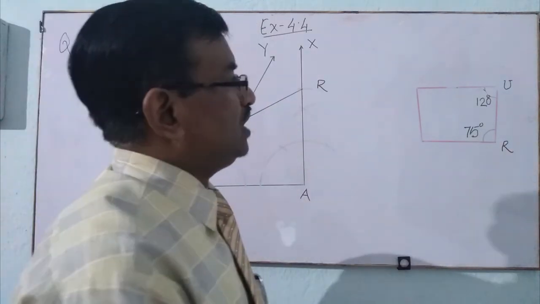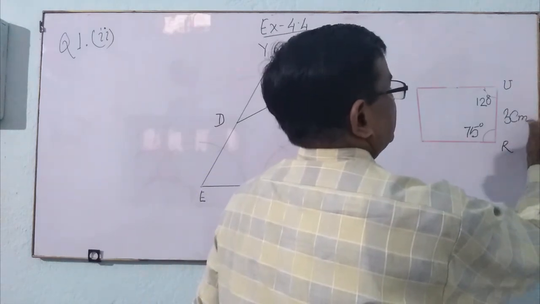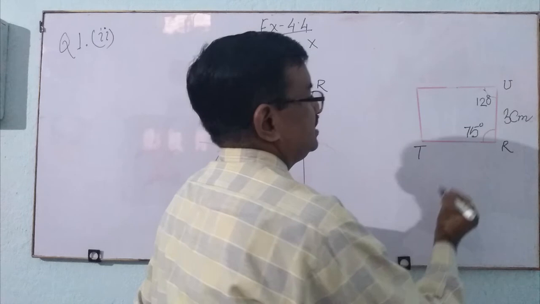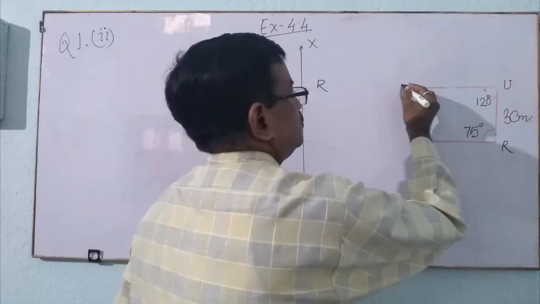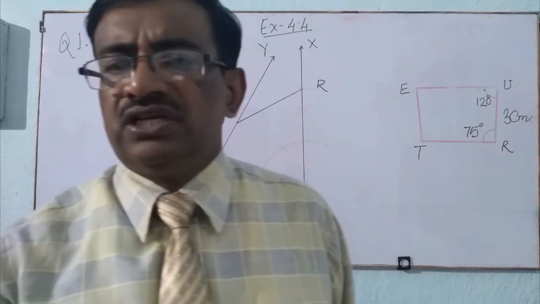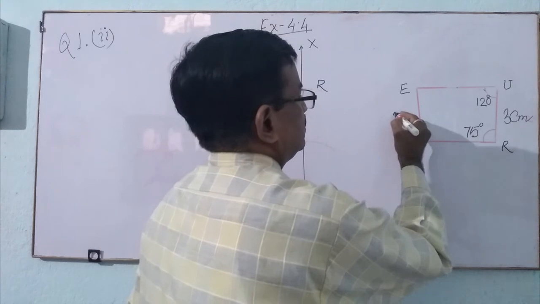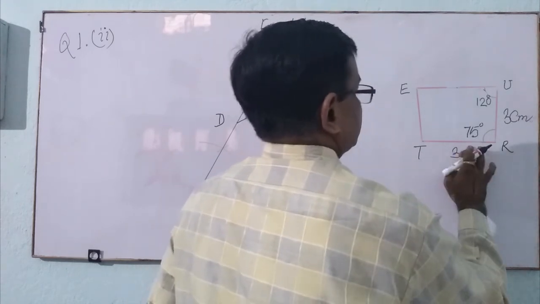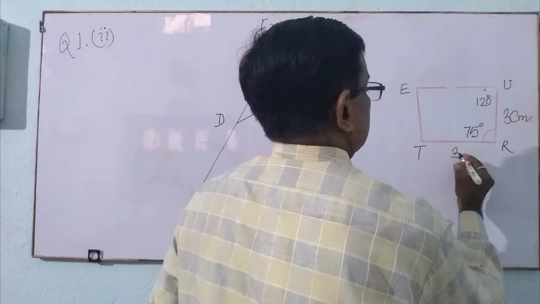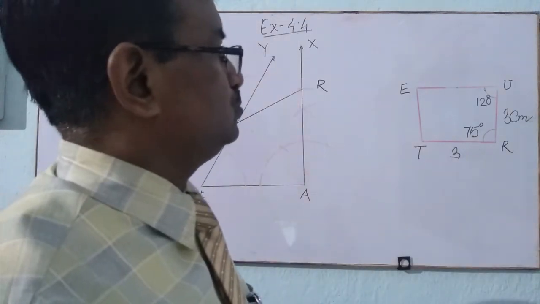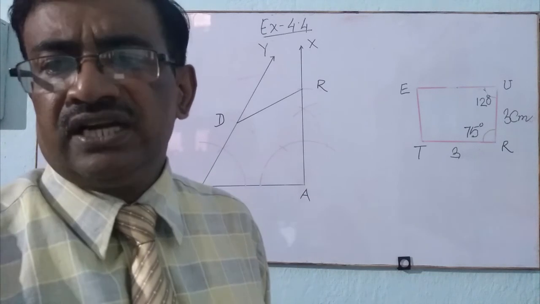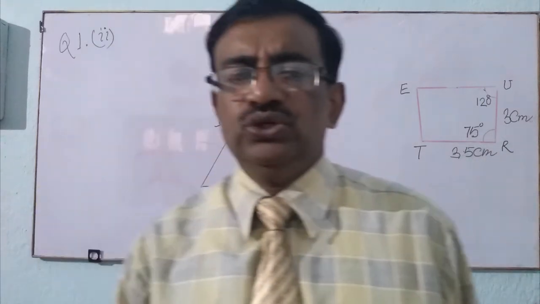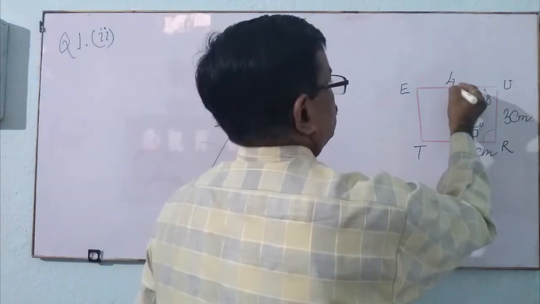RU equal to 3 centimeter. TR equal to 3.5 centimeter and UE equal to 4 centimeter.